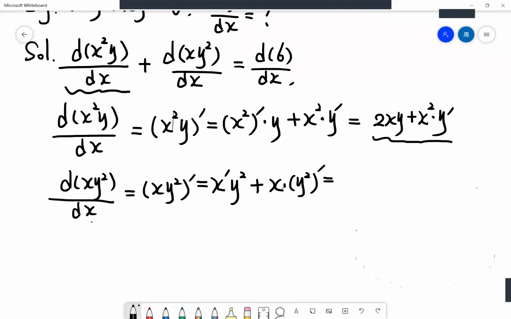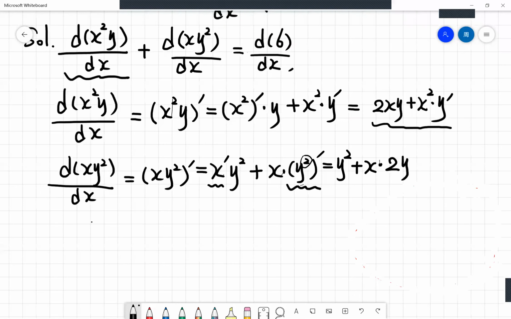Here we know that x prime equals 1, right? So y squared, plus x times (y squared) prime, which is a composite function. The outside is the power 2, so 2y.